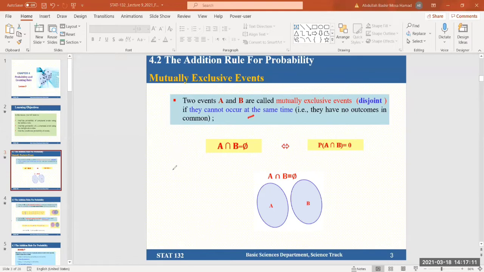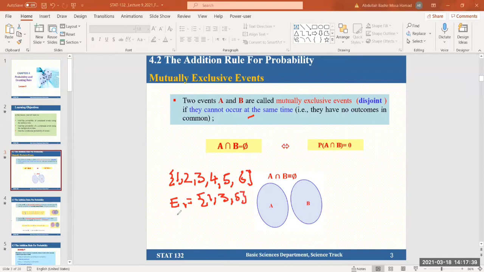Let's take an example. If we roll a die one time, then sample space consists of 6 outcomes, which is 1, 2, 3, 4, 5, 6. If we define E1 as odd number, then odd number is 1, 3, and 5.